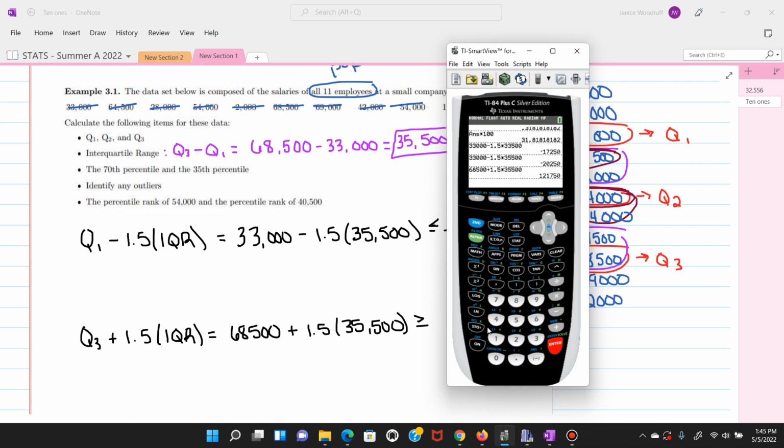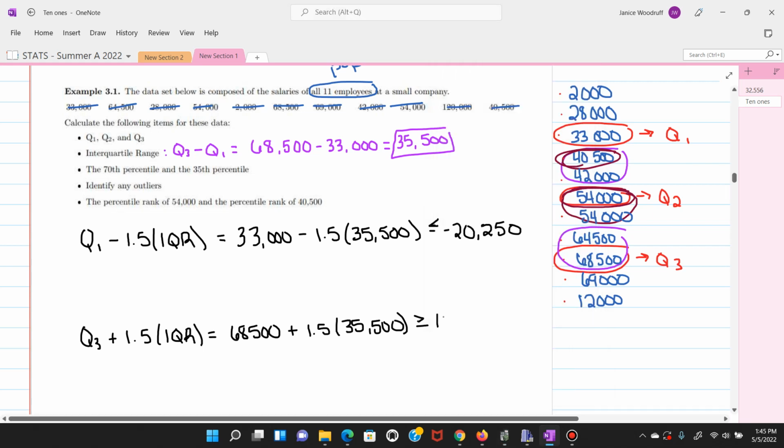So we need to be greater than 121,750. So technically here, there are no outliers. Okay, and that would be your test to determine that.